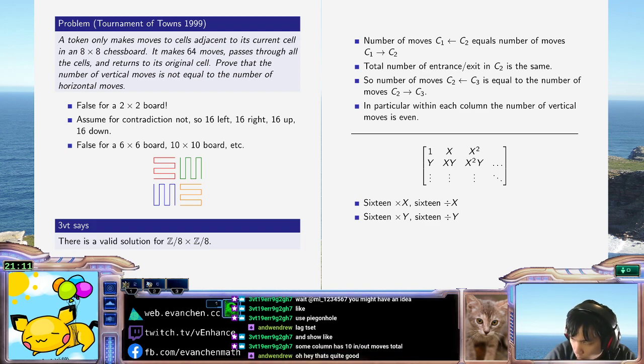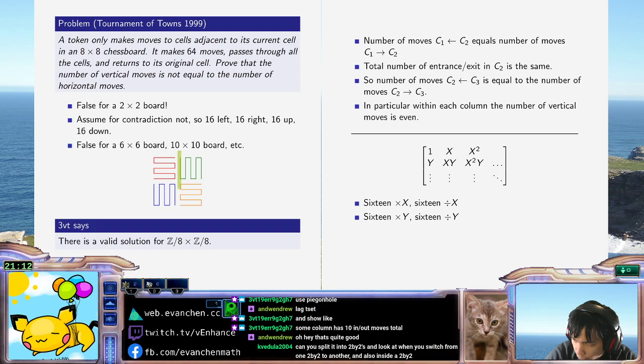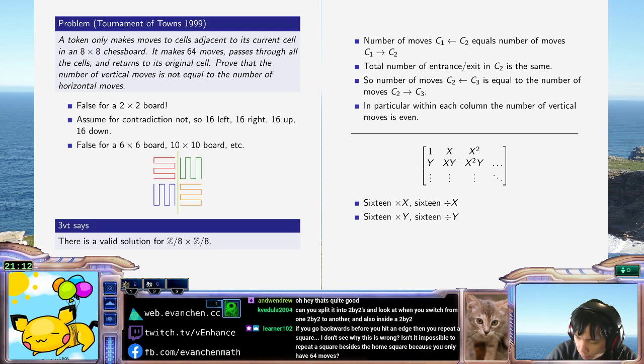Hang on. Or except here. This column is different. Okay, so it's not literally uniform. There's this weird one here. And I cut here, I only hit 2.